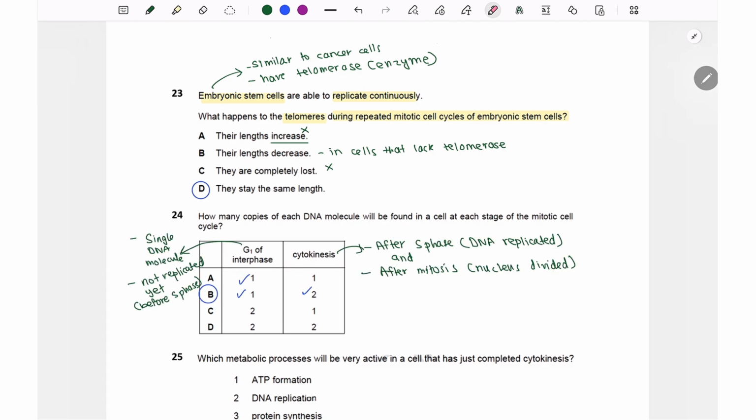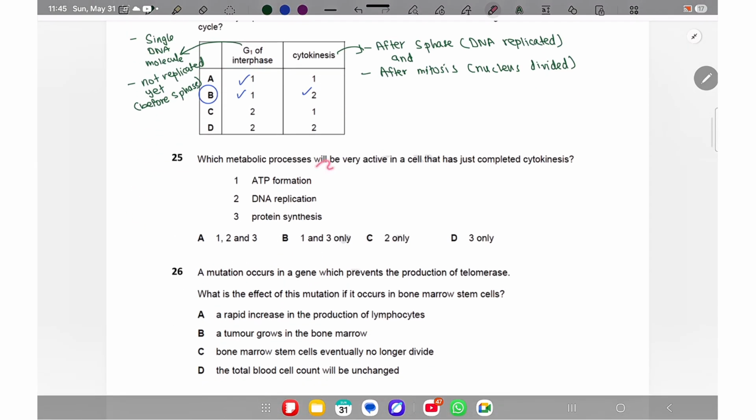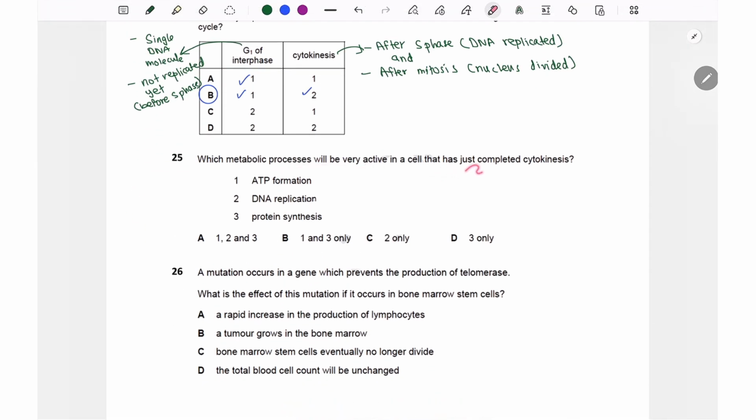Next question. Which metabolic processes will be very active in a cell that has just completed cytokinesis? ATP formation, yes, because there's going to be a lot of growth and synthesis of new organelles, so you're going to need ATP energy for that. DNA replication is not going to happen because this happens during S phase, not straight after the cell has divided into two.